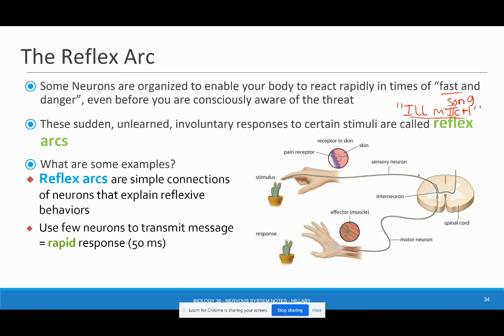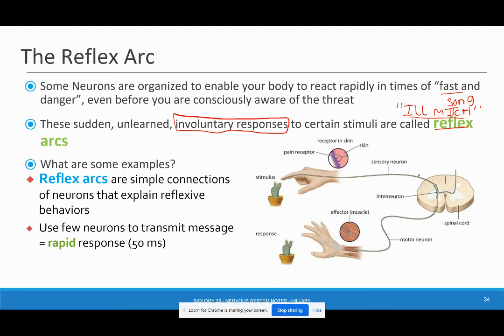You won't be disappointed. These sudden, unlearned, involuntary responses to certain stimuli are called reflex arcs. So the key to underline here is involuntary responses. Sudden, unlearned. So we've all heard of reflexes. If someone throws a ball at your face, you see the ball coming, and then you have to consciously realize that the ball's coming, and then decide how you're going to respond, right?